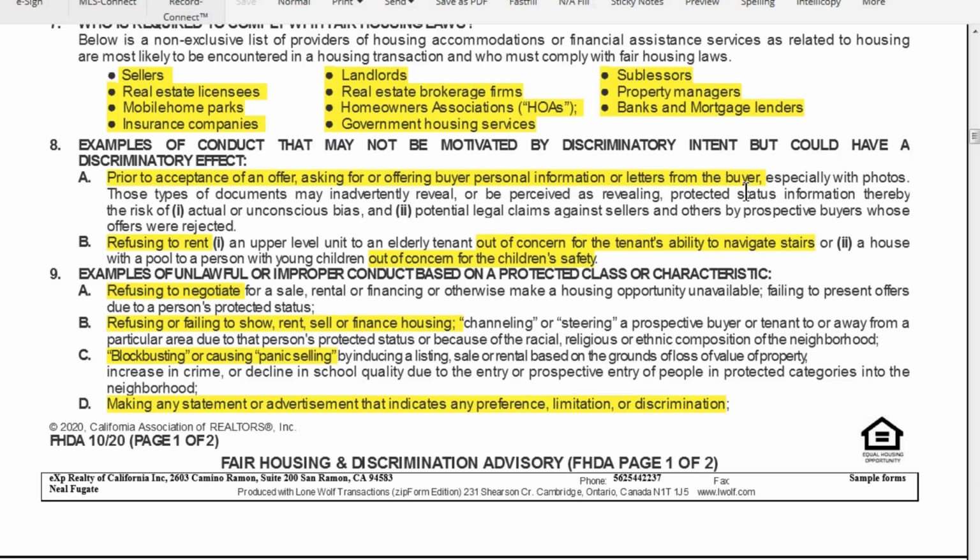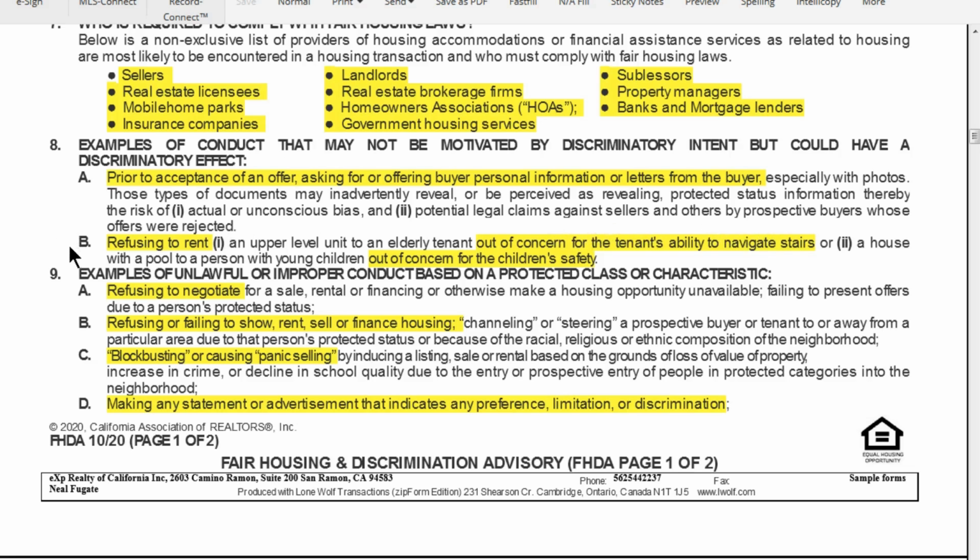Now, this would include what are commonly known as buyer love letters, and those are buyer's letters that are included with an offer that might have a picture of the family, talk about how active they are in the church, things like that, which could actually reveal that they may be part of a protected class or not. And because of that, it could trigger either actual or unconscious bias by the seller. And that could result in potential legal claims against sellers and others by prospective buyers whose offers were rejected.